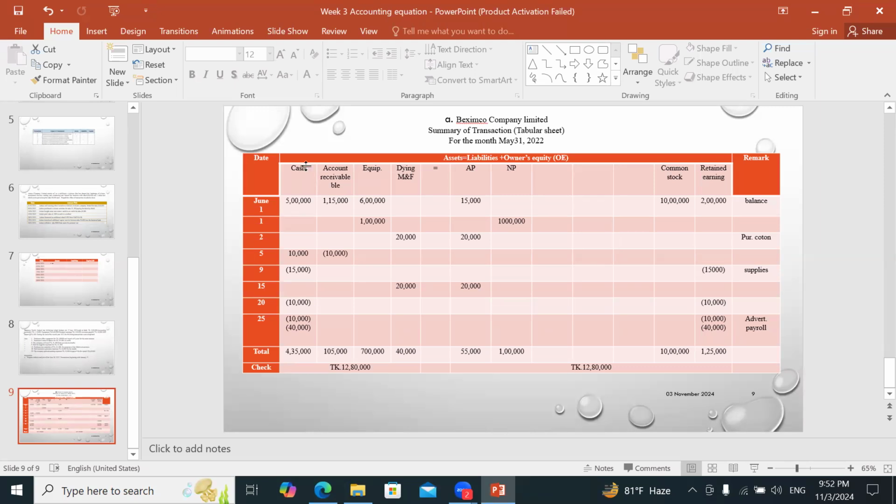Then on the asset side, calculate plus and minus for each asset: account receivable, equipment, dyeing materials, and sum up. The total is 12,80,000. On the liability side, account payable, note payable, common stock and retained earnings plus minus, then the final sum is 12,80,000.